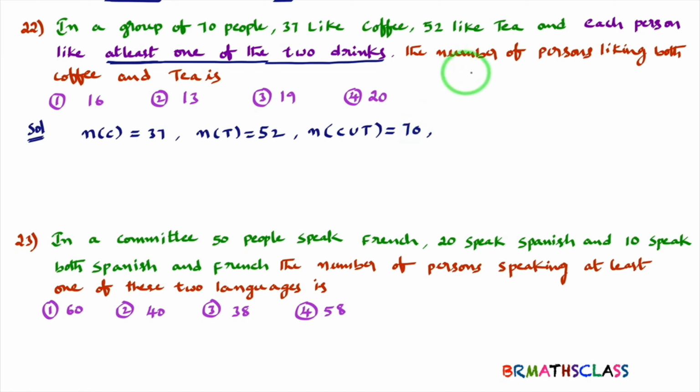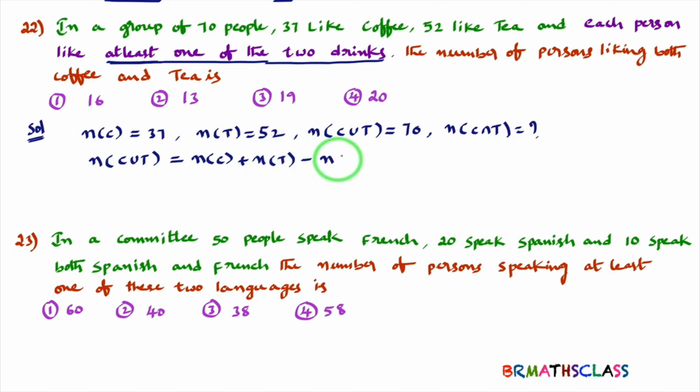Then what they are asking: the number of persons liking both coffee and tea. So N of C intersection T we need to calculate. This is a very familiar formula. N of C union T equals N of C plus N of T minus N of C intersection T. N of C union T is given as 70. N of C is 37. N of T is 52.